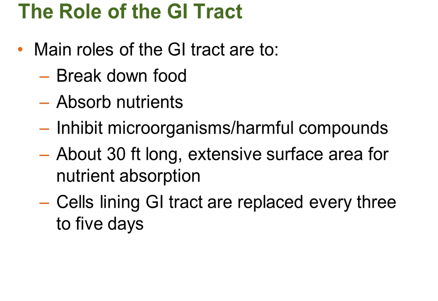When you're in a live person, it's a little bit more condensed due to being in the body and having some fluid in the cells. The cells of your GI tract are replaced every 3 to 5 days through shedding internally.